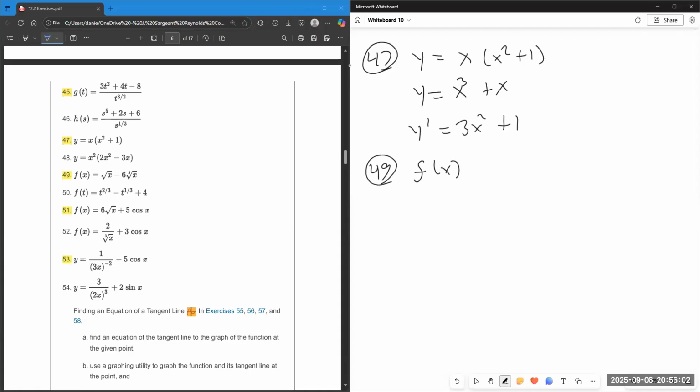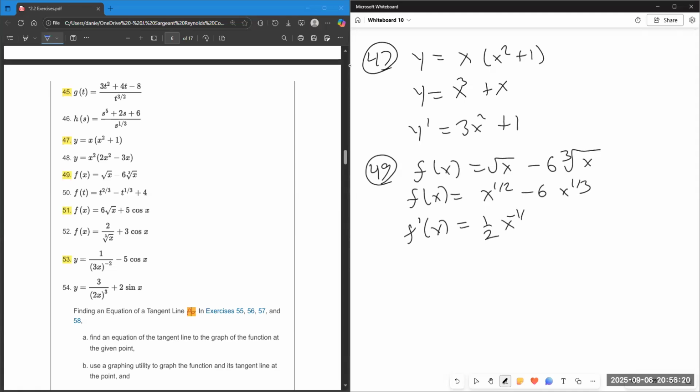F of x is equal to root x minus 6 times the cube root of x. So f of x is equal to x to the 1/2 minus 6x to the 1/3. F prime of x is equal to 1/2 x to the negative 1/2 minus 2x to the negative 2/3.